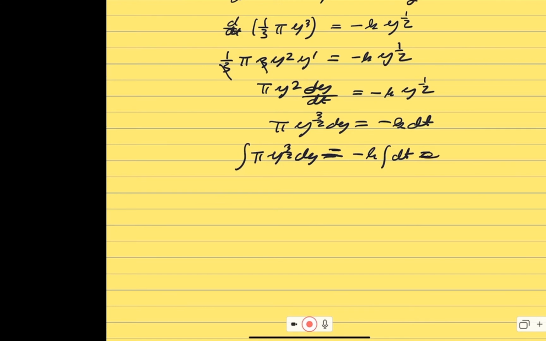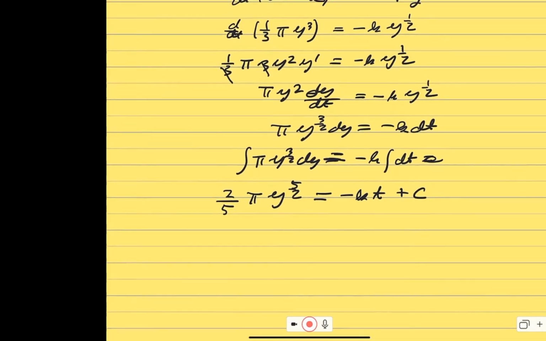Let's see. So this is going to be pi y to the 5/2. I'm going to multiply by that when I take the derivative, so I'll get an antiderivative. I need to cancel it out with a 2/5. And that is going to be minus kt plus a constant of integration.